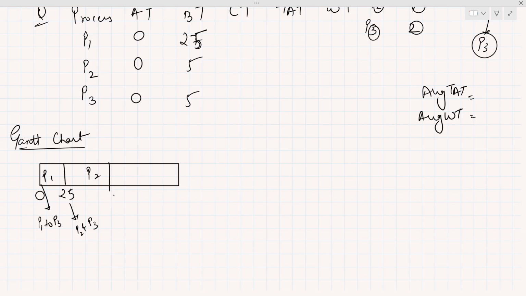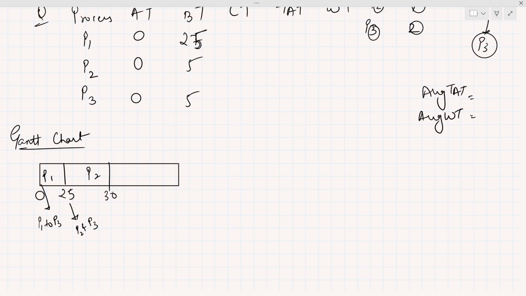Now you cannot just write 5, you have to add it to the completion time of P1, because after 25, P2 starts. For P1, 25 is the completion time. P2 arrives at 0 as well, so 25 is not its arrival time. What is P2's burst time? The burst time is 5. Add 5.